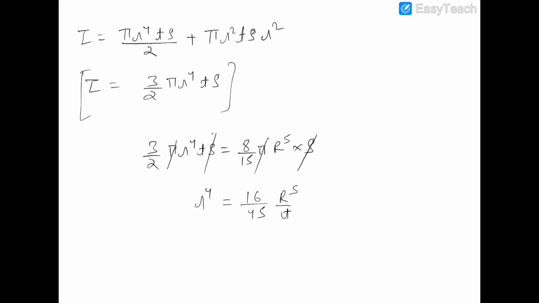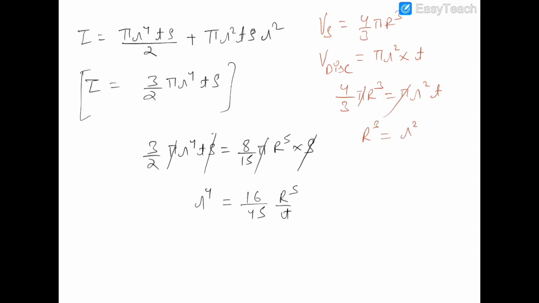So V sphere would be 4 by 3 pi r cube, and V of disk would be equal to pi R square into t. So these are equal. So 4 by 3 pi r cube is equal to pi R square into t. So cancelling this pi with pi, I can replace this r cube with R square t into 3 by 4.